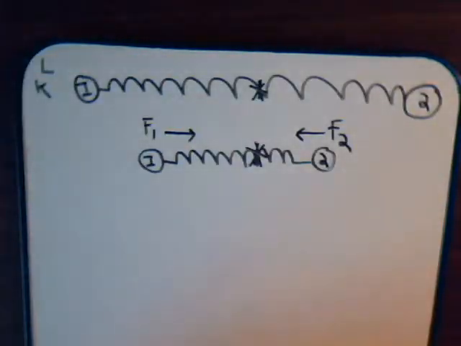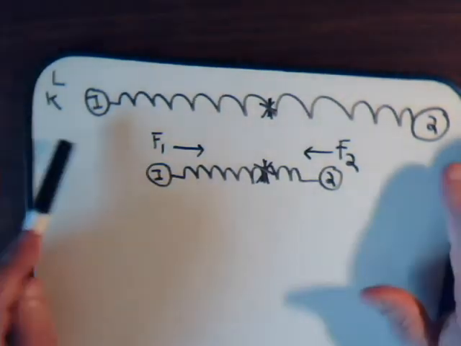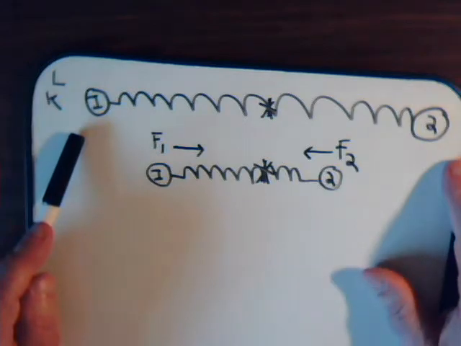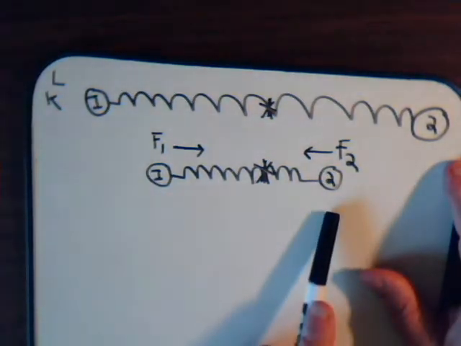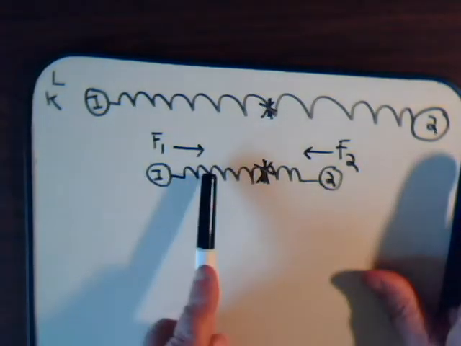Well, now going back to our problem, here we have the spring, and we have a mass at each end, and we said we're compressing the spring so that the force on this mass and the force on this mass, they're equal in magnitude, but they're opposite in direction.